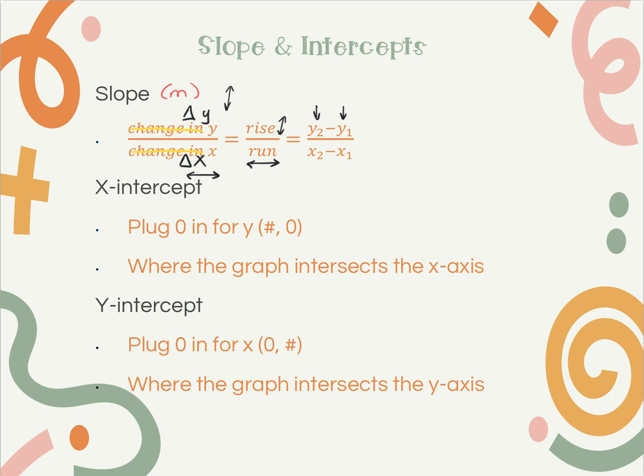So then we go to the x-intercept. The x-intercept is where the graph intersects or crosses the x-axis. So it's like the x-axis intersection, okay? And wherever you go through the x-axis, let's say you go through the x-axis here at x is 2, this ordered pair is going to be (2, 0).